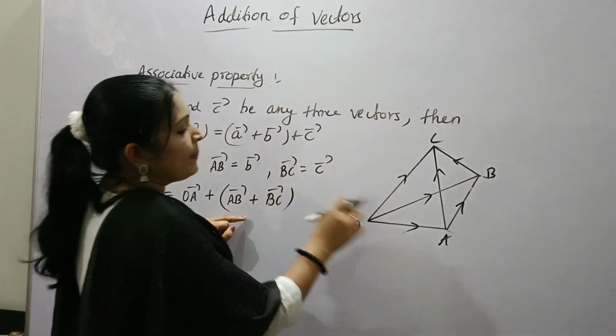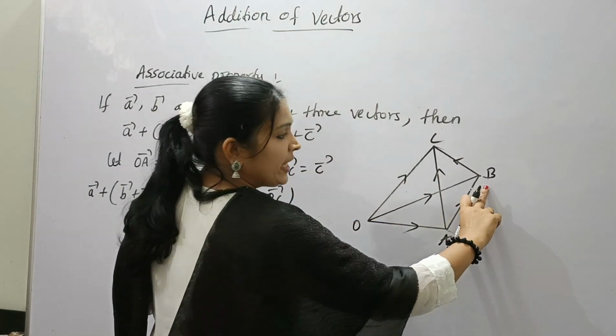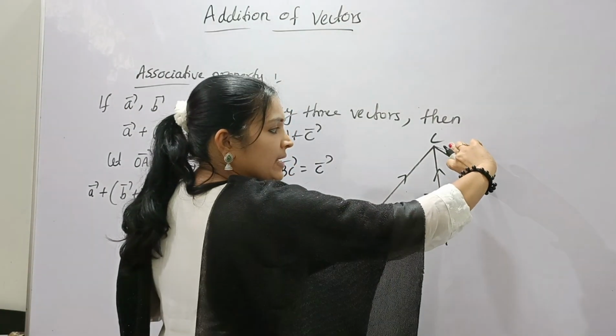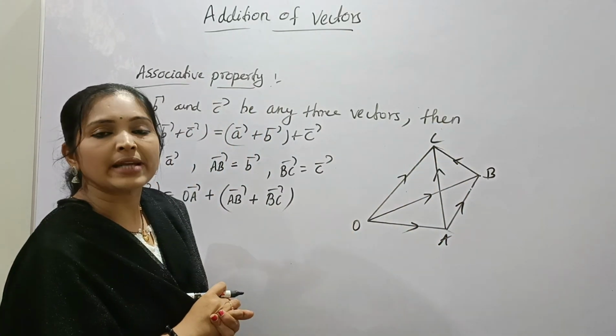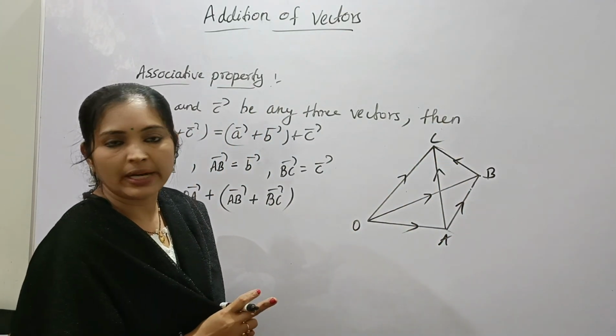What is vector AB plus vector BC? It is equal to vector AC by the triangle law of vector addition.